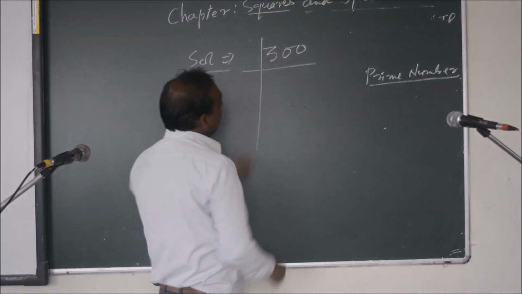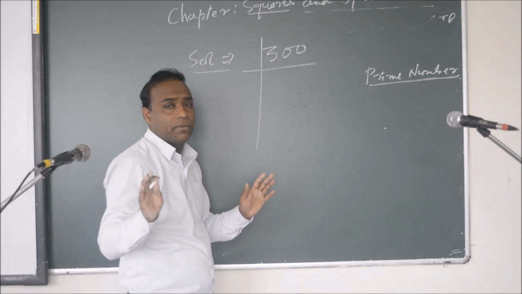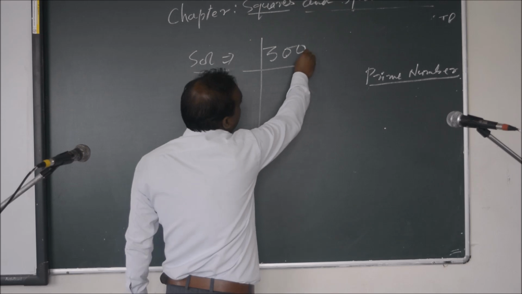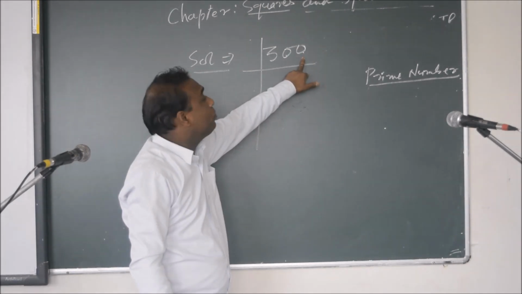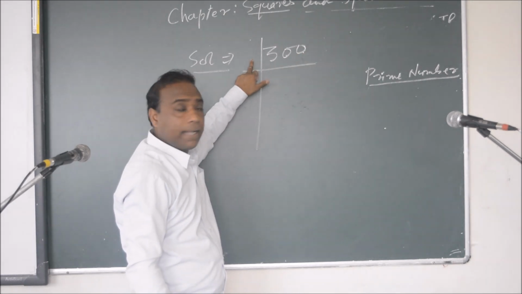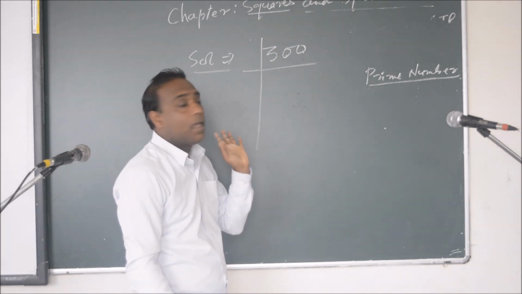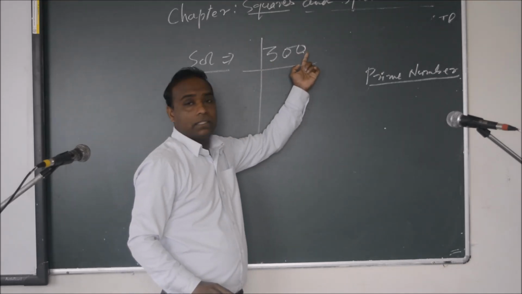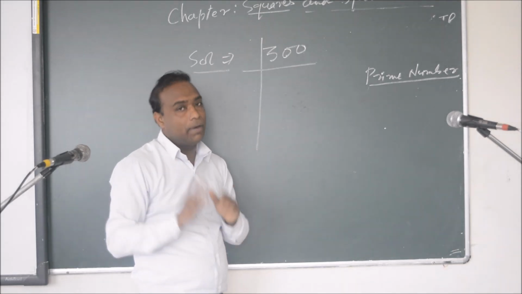First of all, when you divide, you have to take the least prime number. What is that least number? Check here, this is 300, and the last digit is 0. If the last digit is 0, you can divide the number by 2 and you can also divide it by 5. Whatever number is given, you have to check the last digit. If it is 0, you can divide by 2 or by 5.